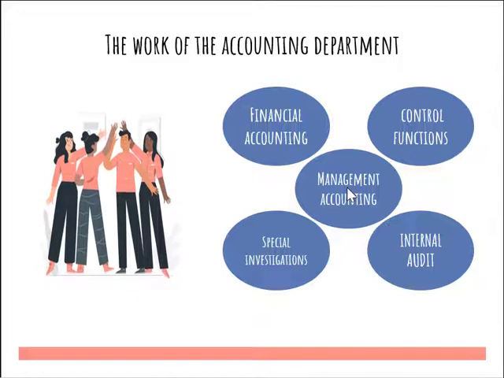The information produced by the financial accounting system is historical information and is of very little help to the management. So through the management accounting section, the department will provide information on costs to assist with plans and decisions. In addition, they will keep very detailed records of stocks.